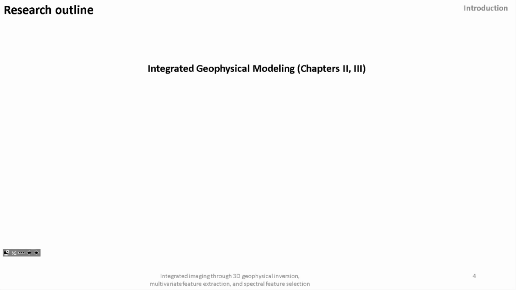In chapter 4, a 3D statistical tool is presented for geological feature extraction from multiple physical property images. And finally, in chapter 5, a feature selection algorithm is presented that combines the relevant extracted features to produce a consistent 3D geological model based on available known geological information. Please note that due to limited time, I only present the most important topics.